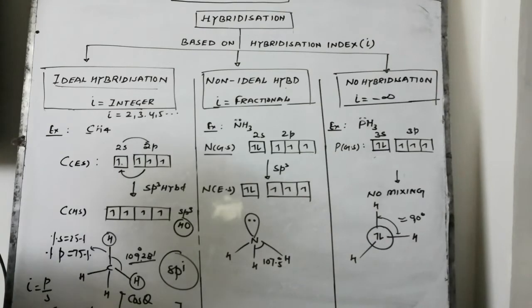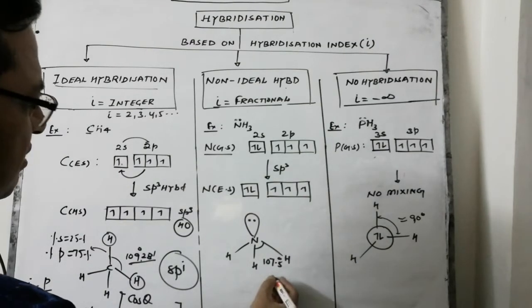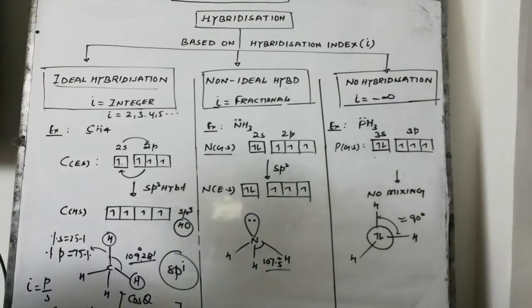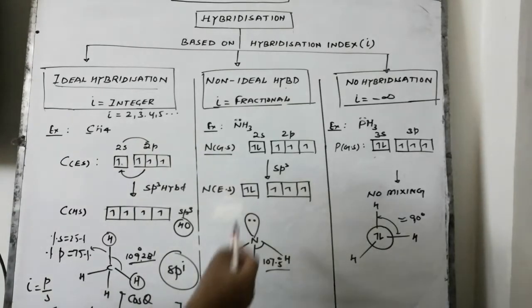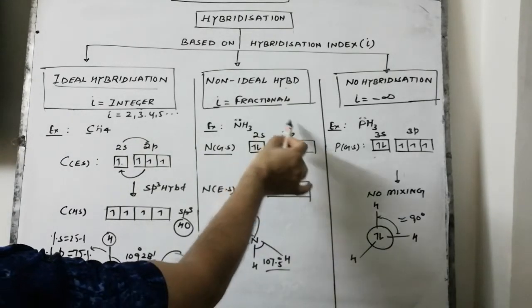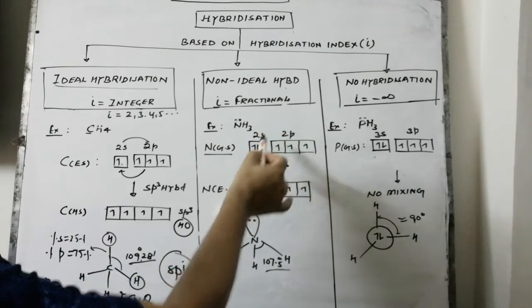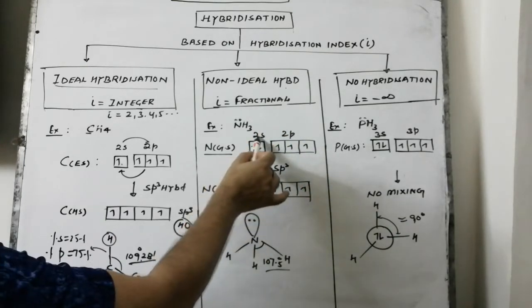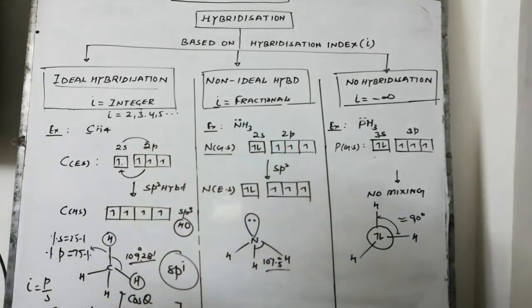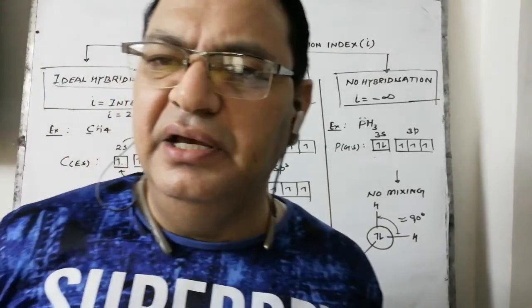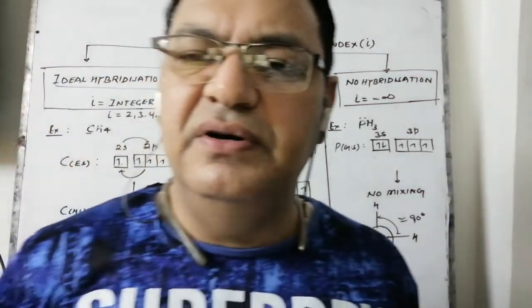But the experimental findings are suggestive of the fact that the bond angle in case of ammonia is found to be 107.5 degrees. So if we try to analyze the mixing over here, s is never interested in undergoing mixing with the p. s is not at all interested because the s orbital is already filled and it has not to form any bond.